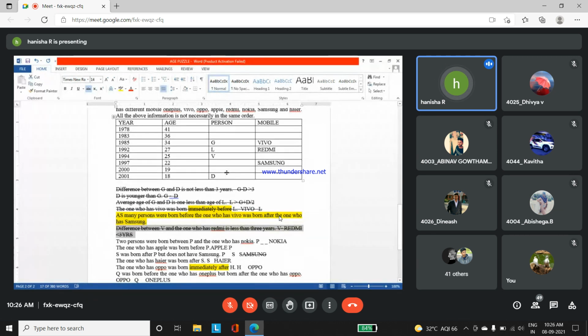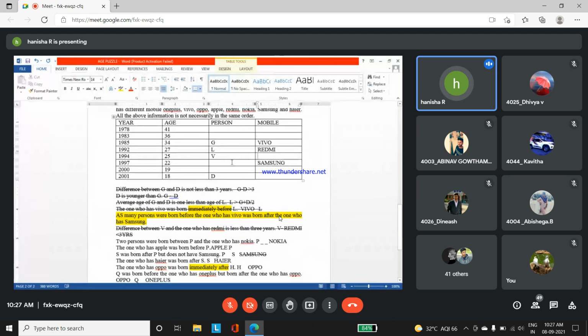Next is, two persons were born between P and the one who has Nokia. So you have to mark P, leave 2 persons, and then mark Nokia. If I mark P over here, I leave 2 persons, then I have to mark Nokia, but I don't have space to mark Nokia. If I give P over here, leave 2 persons, G and L, I can mark Nokia over here.